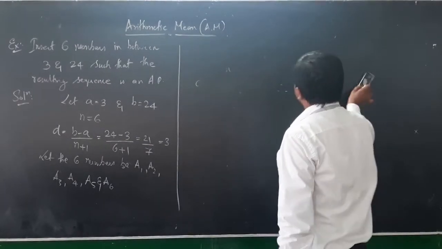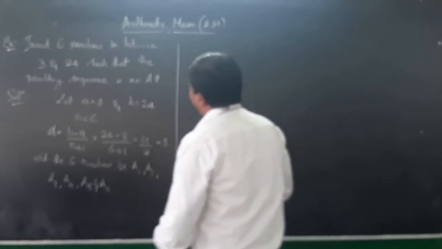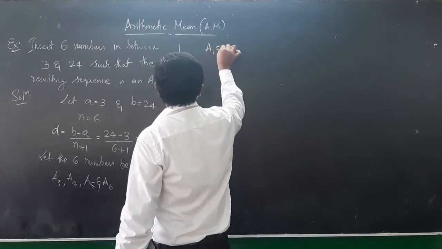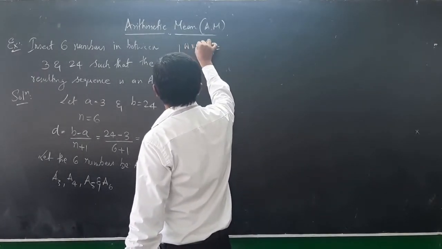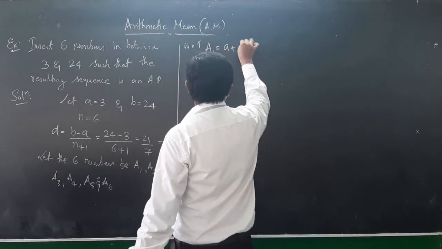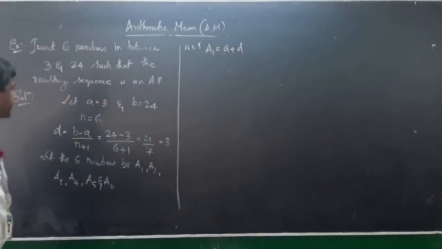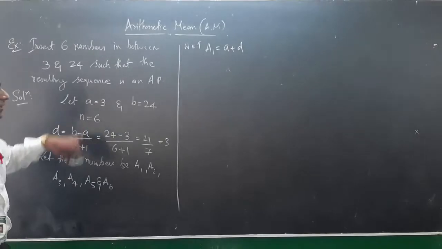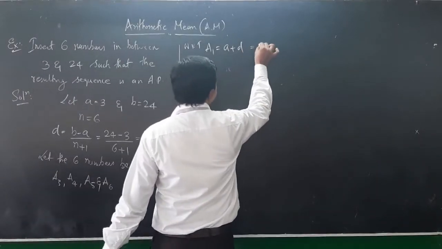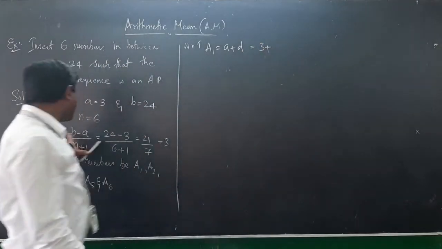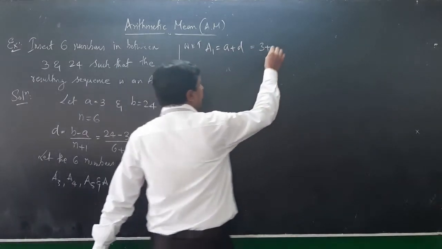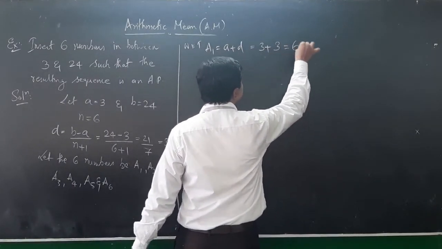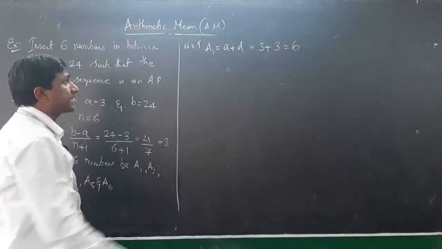So calculating that, a1 is a plus d. What is the value of a? Value of a is 3. What is the value of d? Value of d is again 3. So 3 plus 3 equals 6.